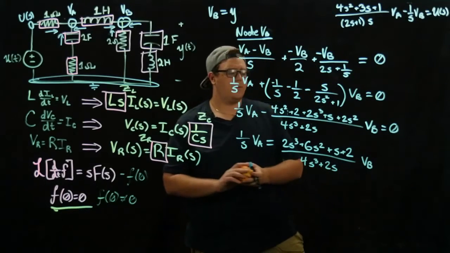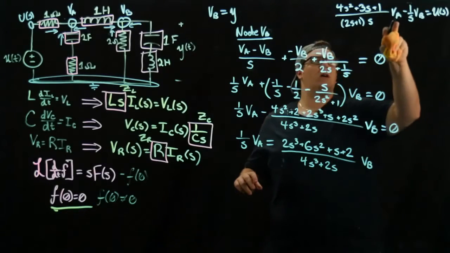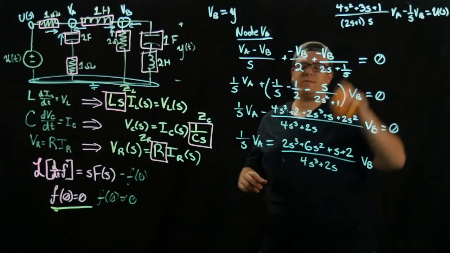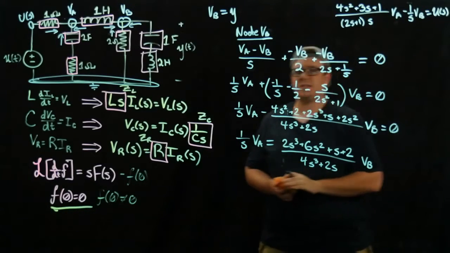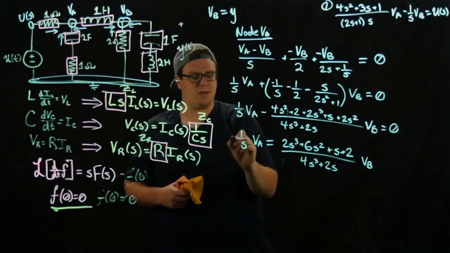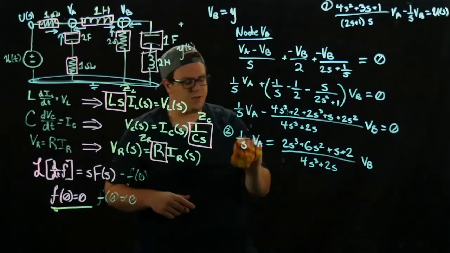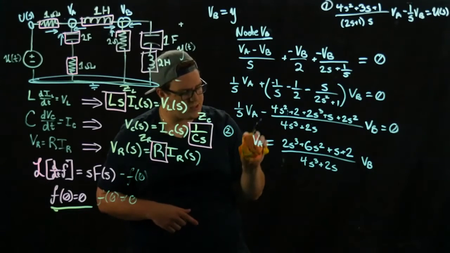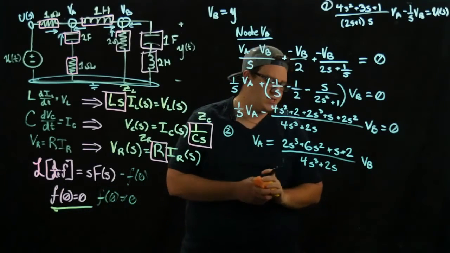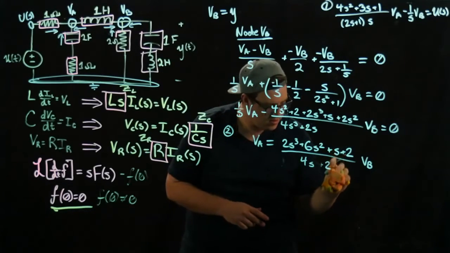So now, remember that the thing that we weren't okay with was the fact that there was a VA in here. So what we want to do is substitute that in. Remember, this is our first equation, and this will be our second equation. So we just want something for VA, so I'm going to multiply both sides by an s, and that'll cancel out one of the s's down here.